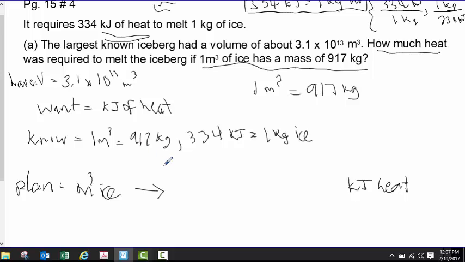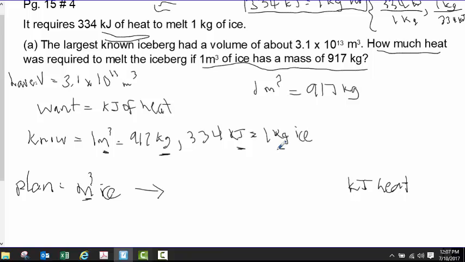Here I'm starting with meters cubed. This first conversion factor deals with units of meters cubed, and it allows me to go from meters cubed to kilograms. So that's not kilojoules, but it is a step on the way to kilojoules. So I've got one conversion factor that gets me from meters cubed to kilograms. And then over here, I have a conversion factor that gets me between kilojoules and kilograms.